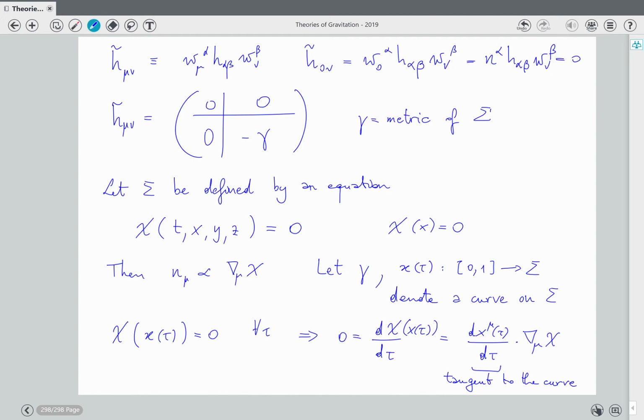But the curve can be any curve on sigma, so considering the set of all curves, the tangent spans the entire tangent space to sigma, and this equation tells you that the gradient is orthogonal to every tangent. So since the normal is unique, this must be the normal up to a normalization factor. So that means that the normal must be some lambda, which can be a function, times the gradient.